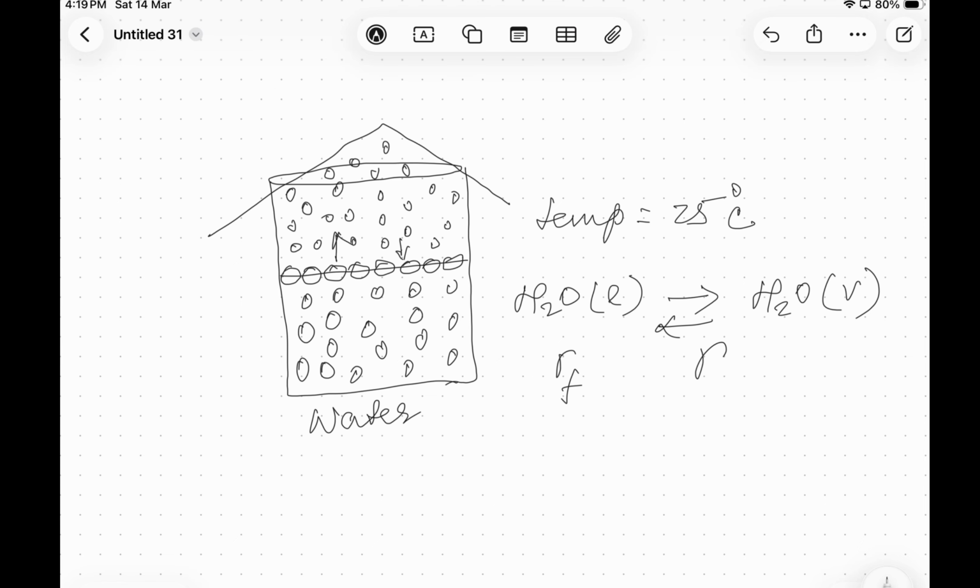The forward rate is still faster, so more and more H2O molecules come into vapor, and there will be a time when the rate of forward reaction equals the rate of backward reaction. That means equilibrium is established.